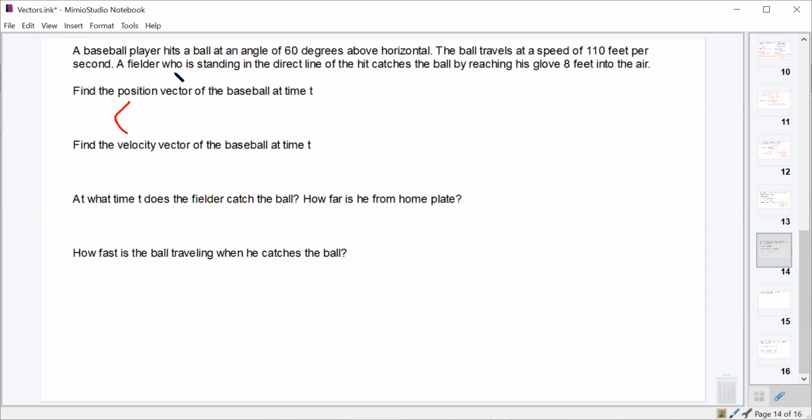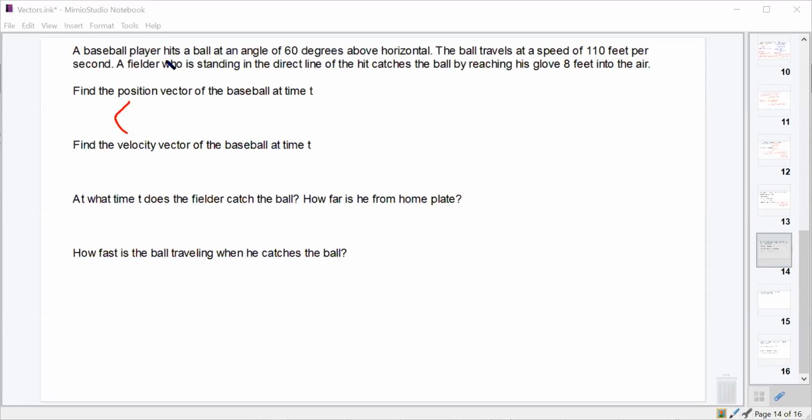Any thoughts on that? What is the velocity that the ball is traveling at? Should be 110 t, right?